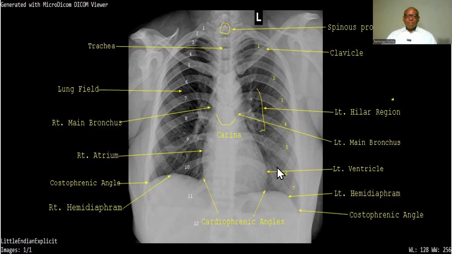This can only be said to have happened in a PA film, not in an AP film. In an AP film, there's what is called apparent cardiomegaly. So it cannot be used for measurement of the real cardiac size.